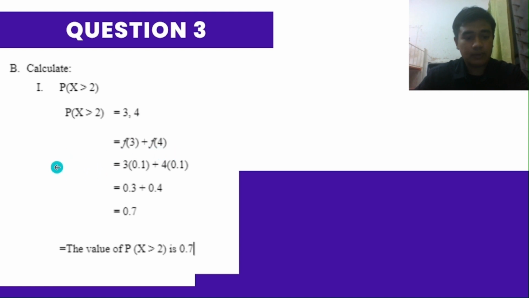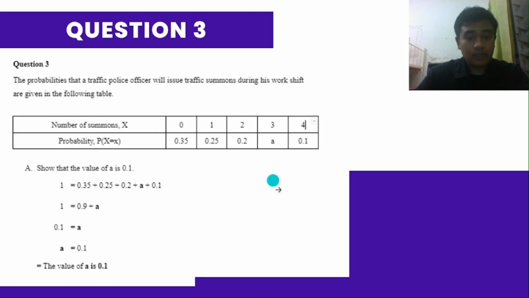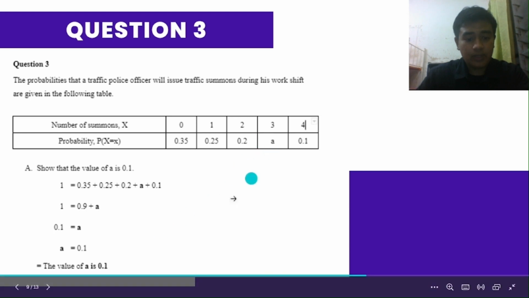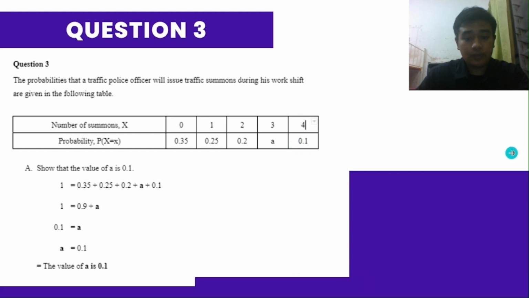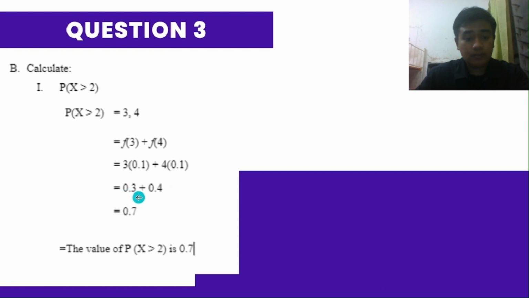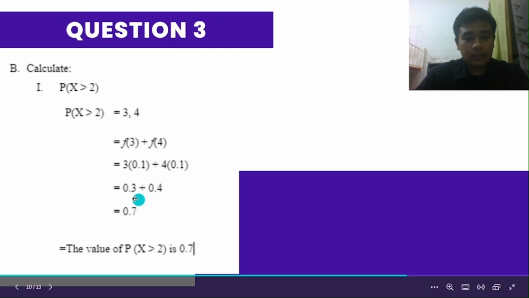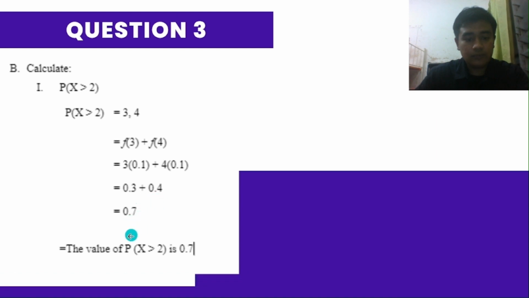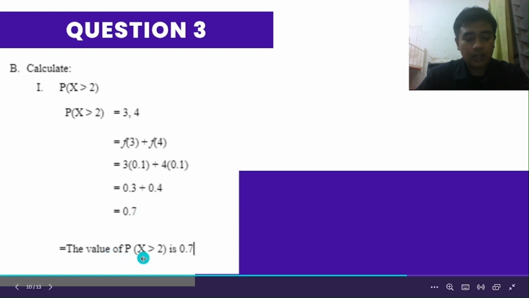For 3, we already found the value, which is 0.1, and for 4 the value is 0.1. So we include it here. Then we get 0.3 plus 0.4, which, if we add both, gives 0.7. So the value of P(x bigger than 2) is 0.7.